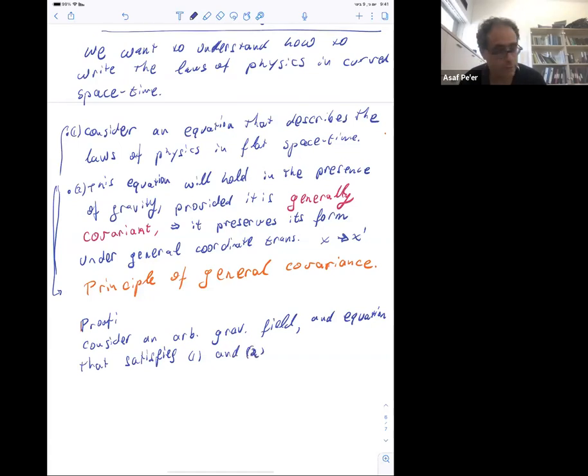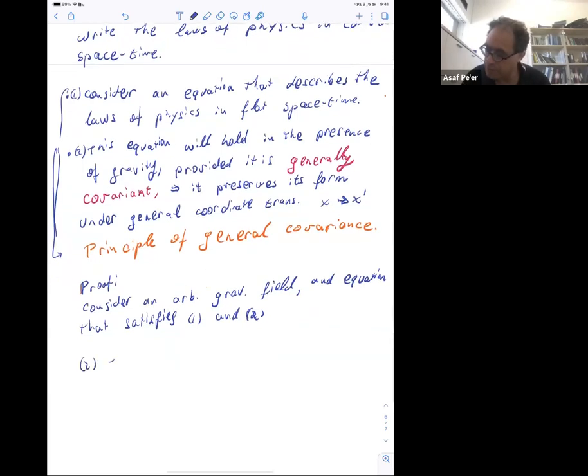From condition 2, it means that if it is true in one coordinate system, it is true in any other system.